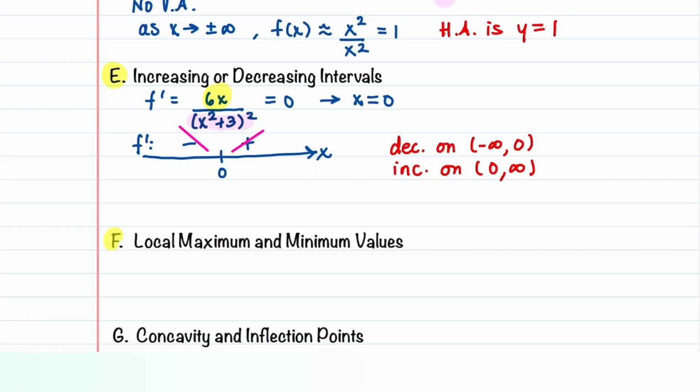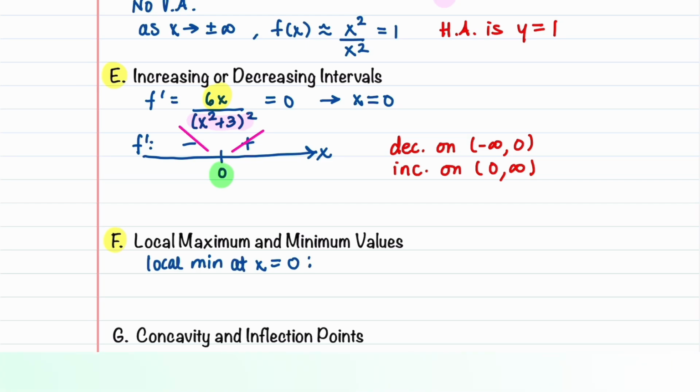Let's now think about local max and mins. Looking up at part E, you can see that we are going to have a min when x is equal to 0. So let's go ahead and write that down. We are going to have a local min at x is equal to 0.